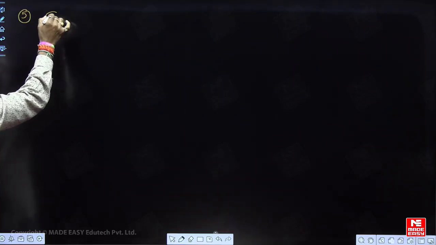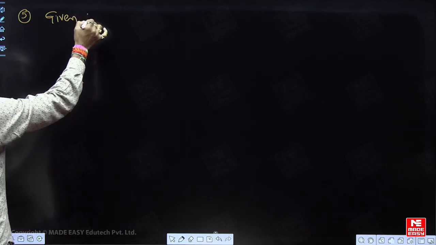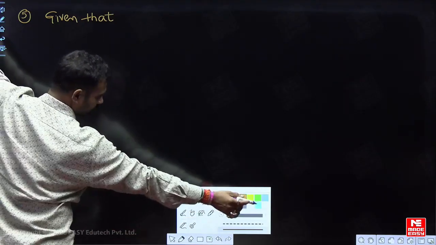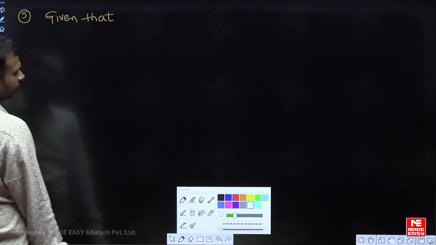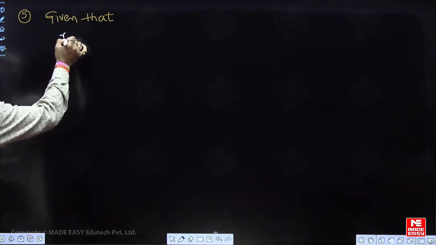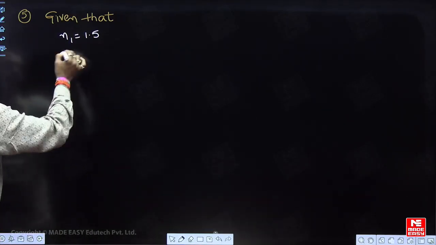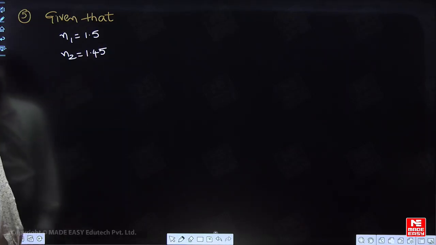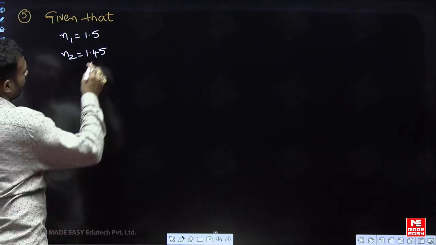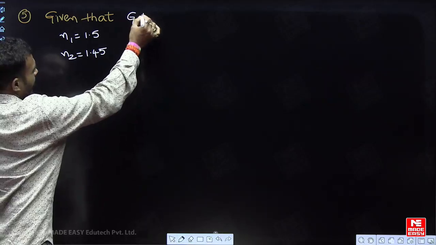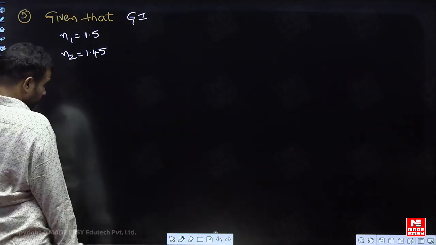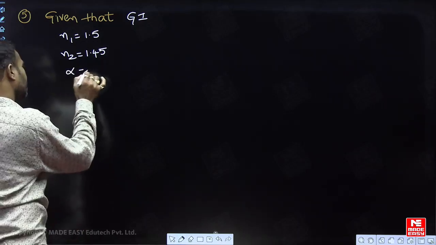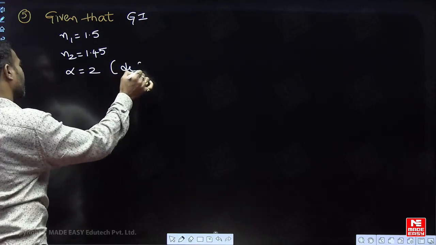Fifth question. Given that N1 is equal to 1.5, N2 is equal to 1.45, and the fiber is given as a graded index fiber. Alpha is not specified, so alpha is equal to 2, parabolic profile by default.